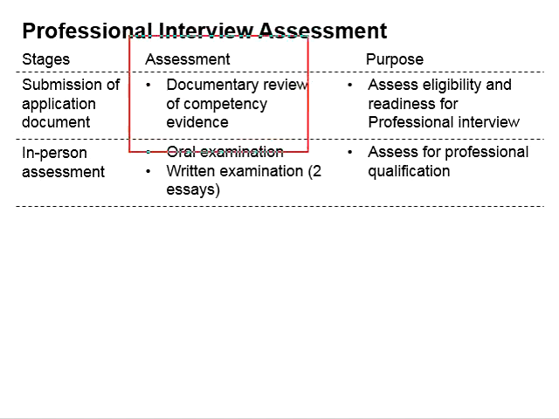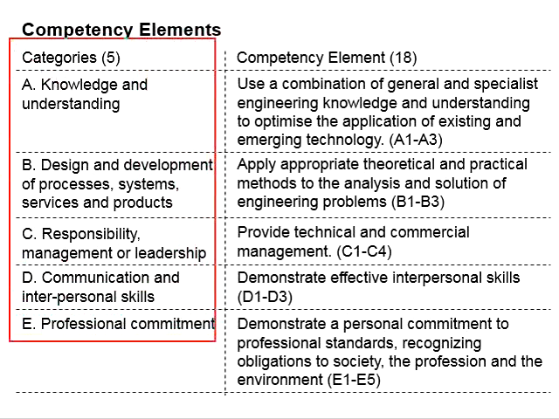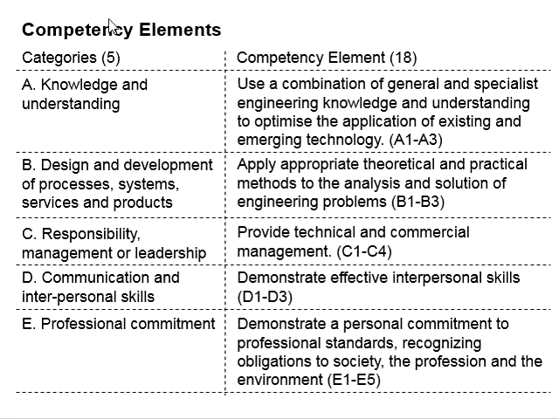The entire assessment here is built on the basis of the competency elements, which are categorized into 5 categories. A, the knowledge and understanding. B, design and development of processes, systems, services and products.